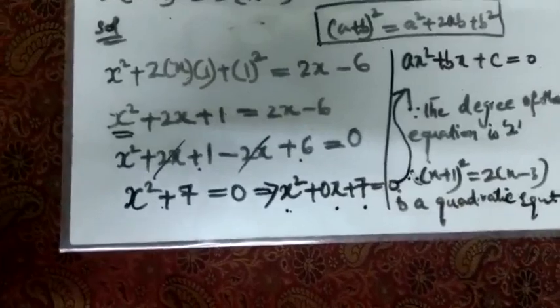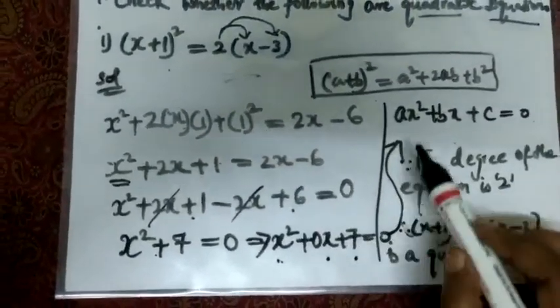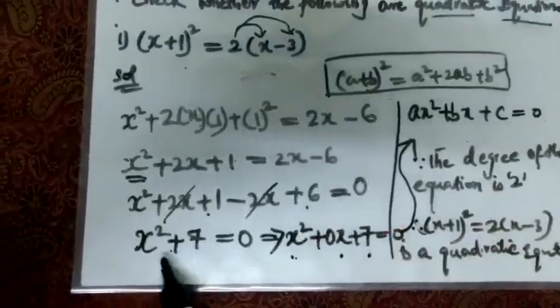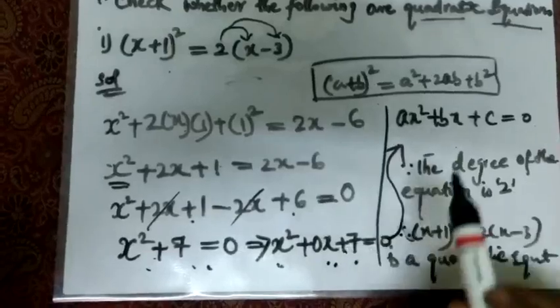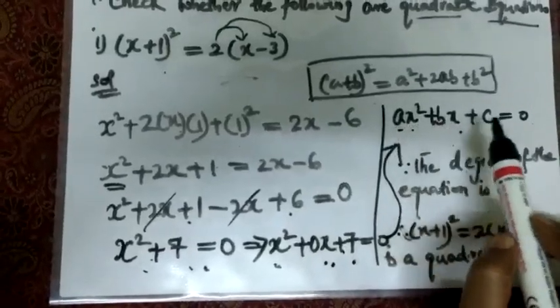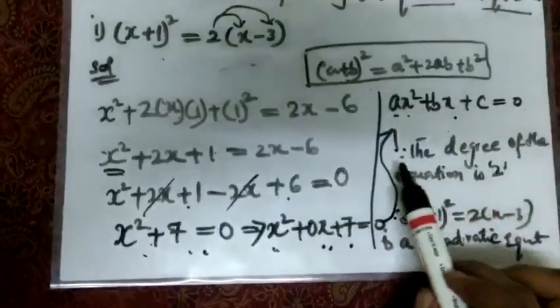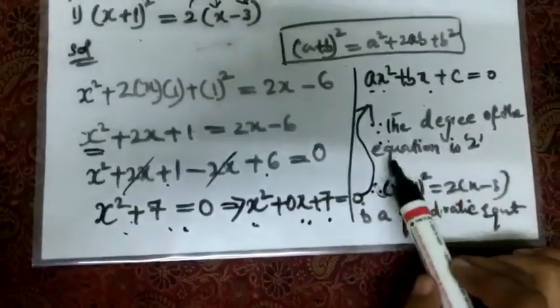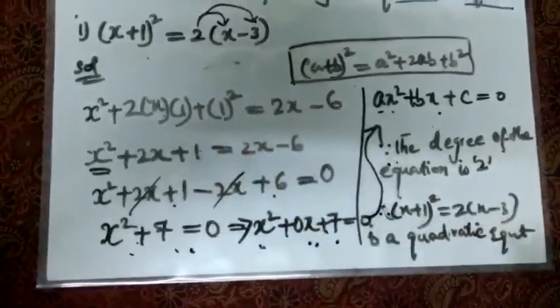So this is how we all have to solve the problem. There are two methods. I have shown you two methods. You can just rewrite your obtained equation in this particular format and say, since it is in this form, that's why it's a quadratic equation. If you don't want to use this reasoning, then you can simply say, since the degree of the obtained equation is 2, the given question is a quadratic equation.